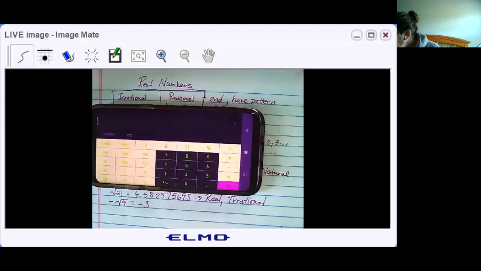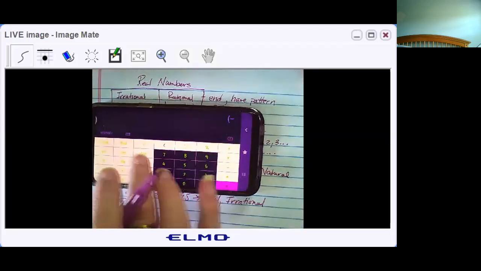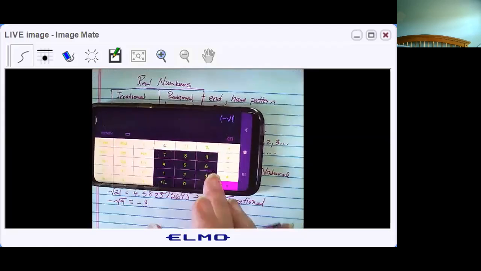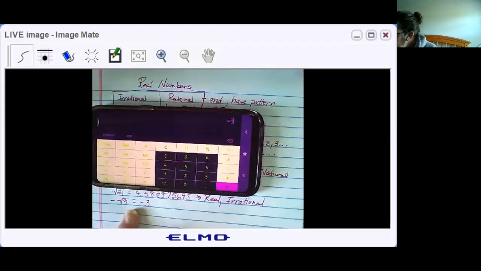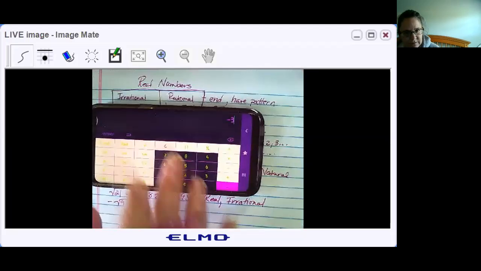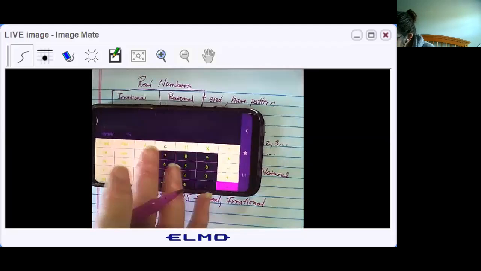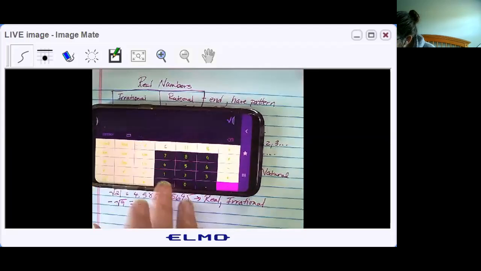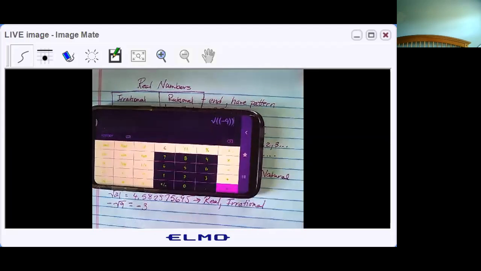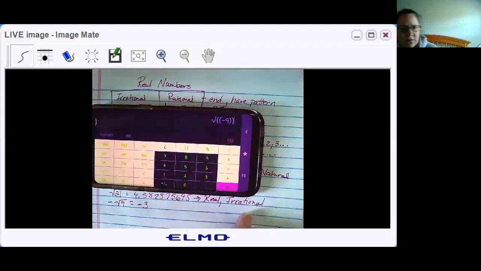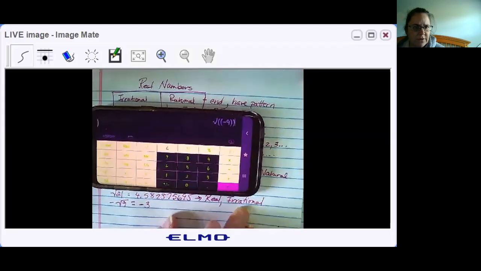In my calculator here, I could do negative square root 9, and it keeps the square root outside of it and tells me my answer is negative 3. But what if I was feeling kind of froggy, and I wasn't paying attention and I did square root of negative 9? My calculator didn't give me an answer. There's nothing there, is there?